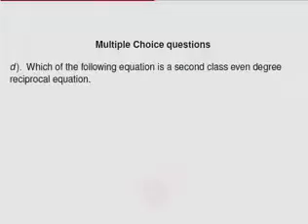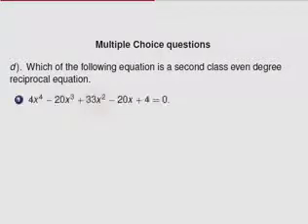Similarly, the next one: which of the following equations is a second class even degree reciprocal equation? That means an even degree with unlike coefficients, where a naught is equal to minus of an, and a1 is equal to minus of an minus 1.